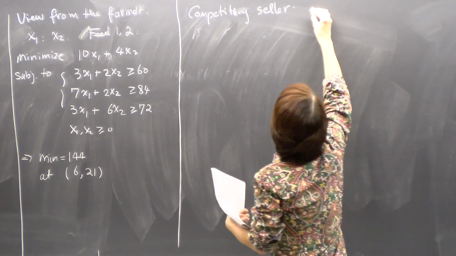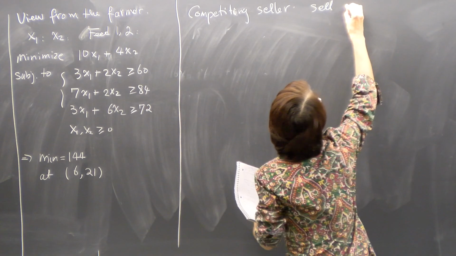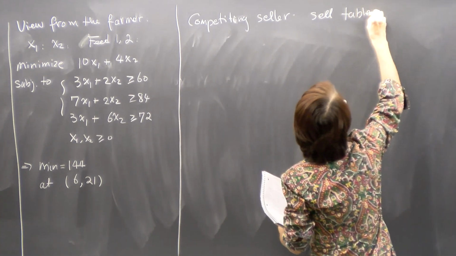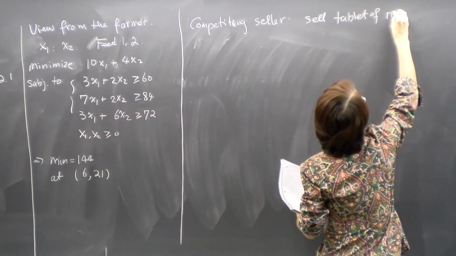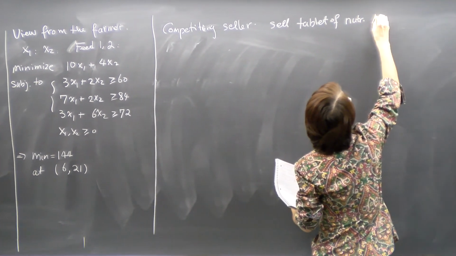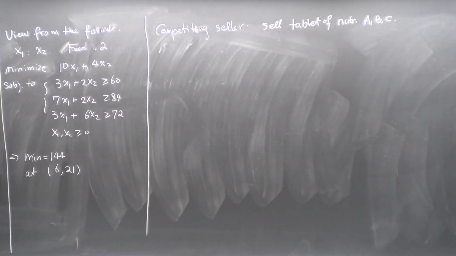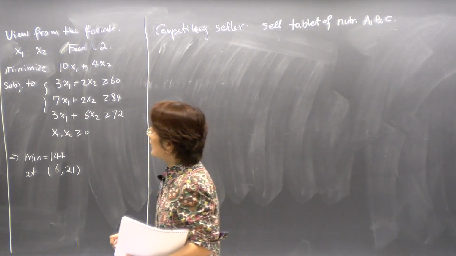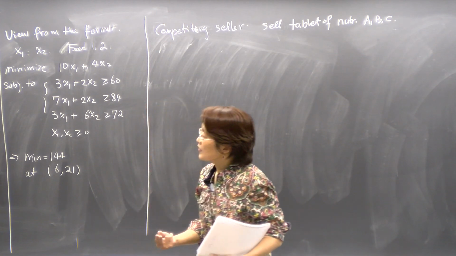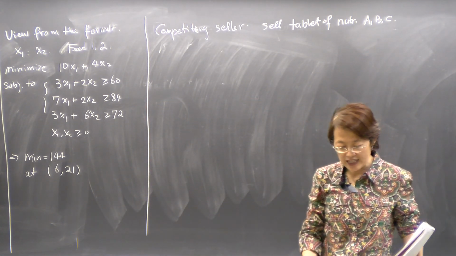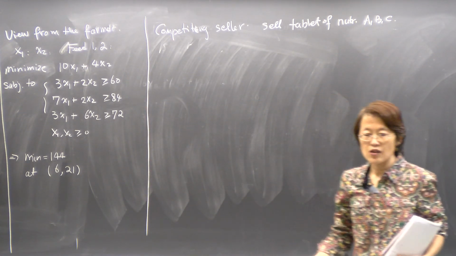So the seller sells tablets of nutrients A, B, and C. To be convenient, each tablet is, let's say, 1 unit. Then for this seller, he has to decide the price on these tablets.